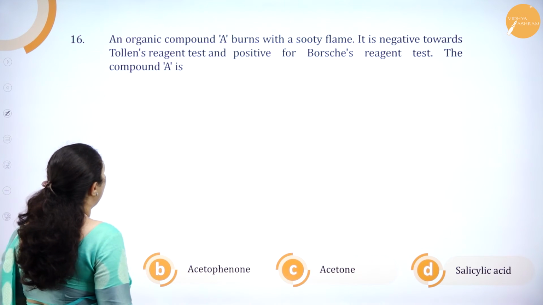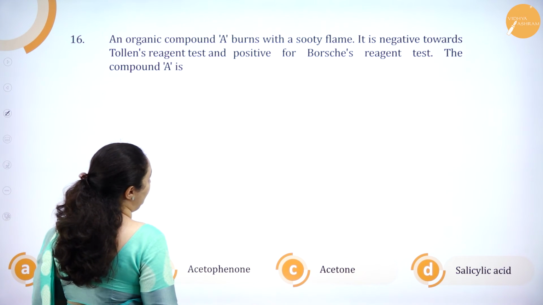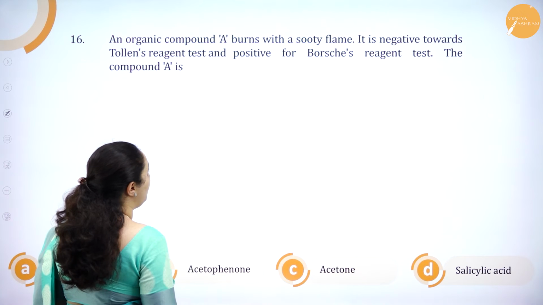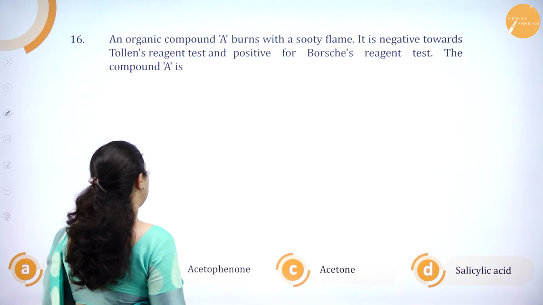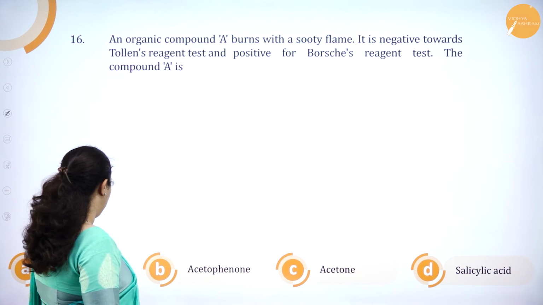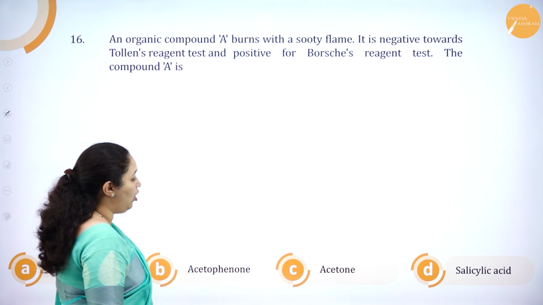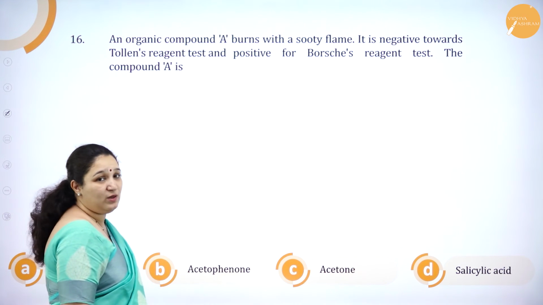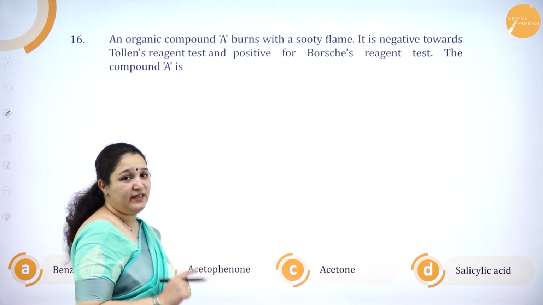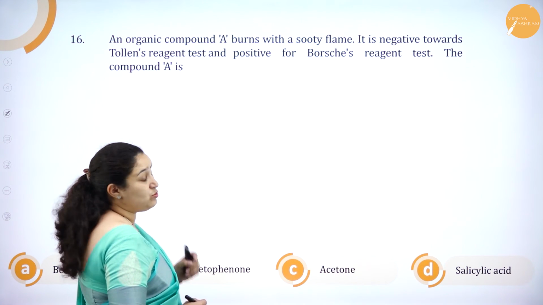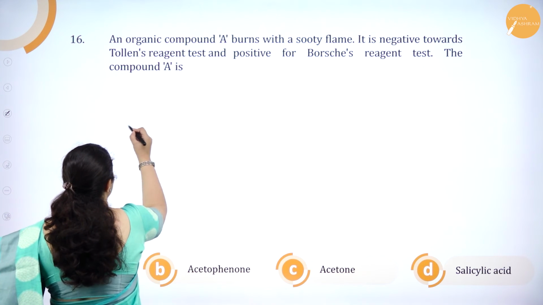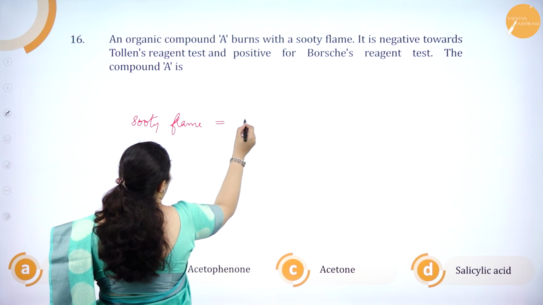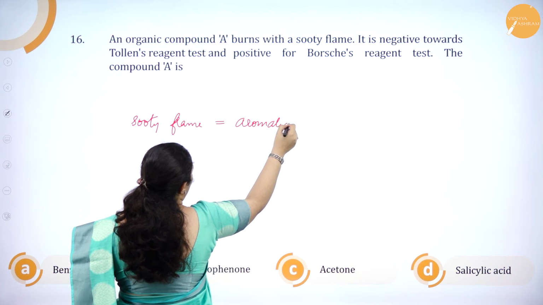Next question. An organic compound A burns with a sooty flame. It is negative towards Tollens reagent test and positive for Brady's reagent test. The compound A is option A, benzaldehyde, option B, acetophenone, option C, acetone, option D, salicylic acid. What is the hint we are getting here? The first hint is that it burns with a sooty flame, so the compound is aromatic. It should have a ring.